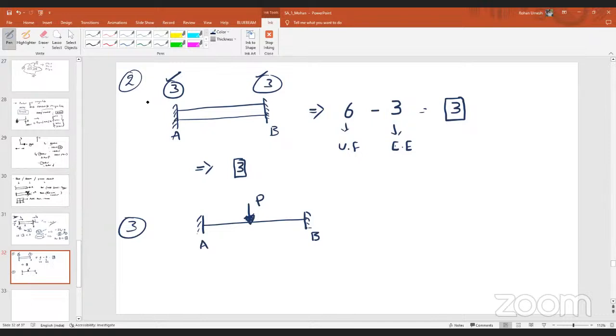What is the difference between the second case and the third case? Point A 1, point B 1. Why so? Sir, the load is in a vertical direction. Yeah, you want to consider only the vertical forces.